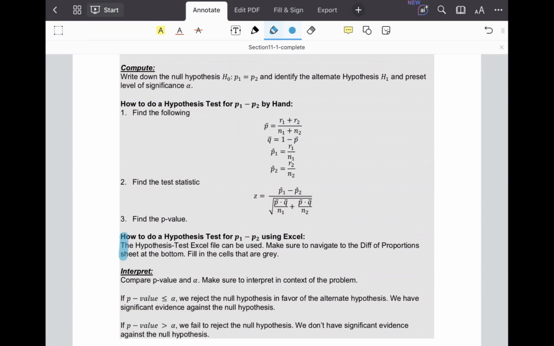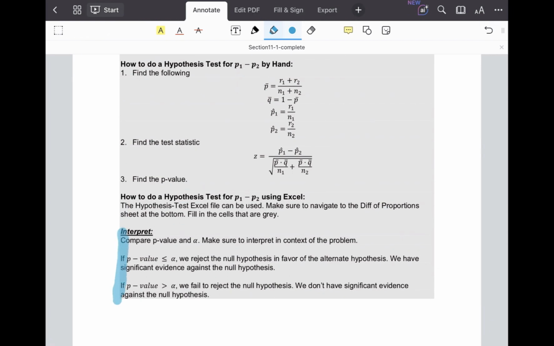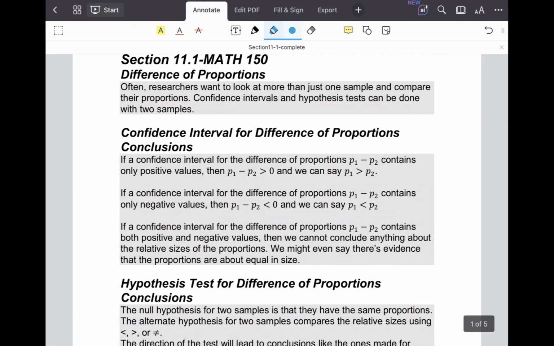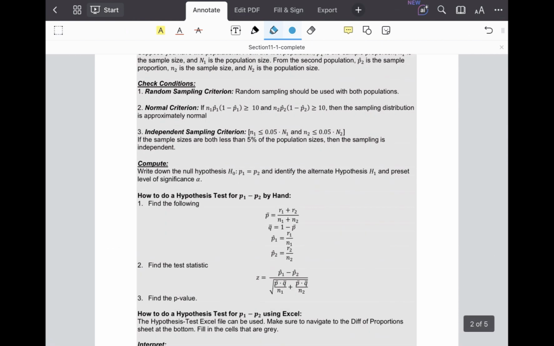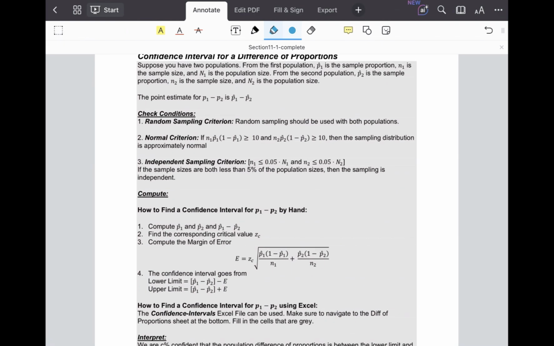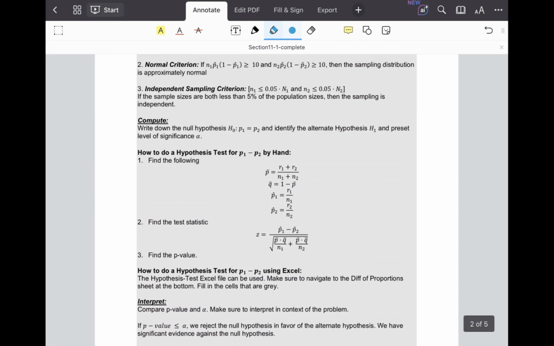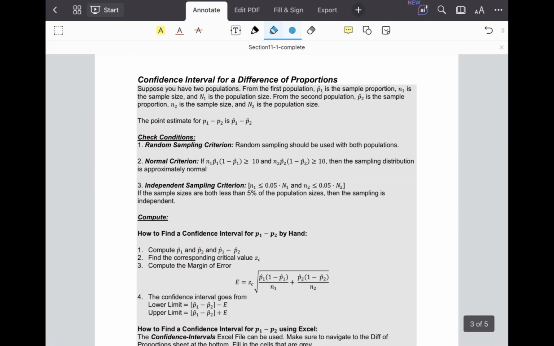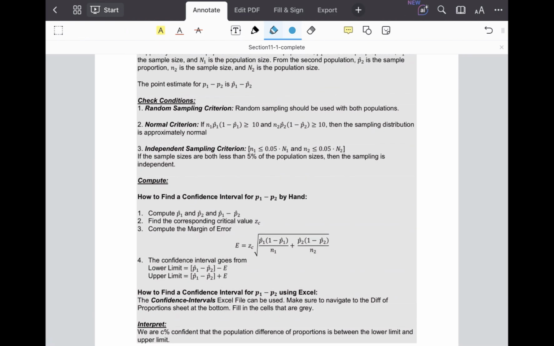Okay, now we're going to be using Excel, and the interpretation is fairly similar. We're going to be using this logic on the first page pretty often with confidence intervals as well, but I usually like to run a hypothesis test, which gives us that conclusion instead. We were just looking at the hypothesis test. Here's the confidence interval. It's really similar.